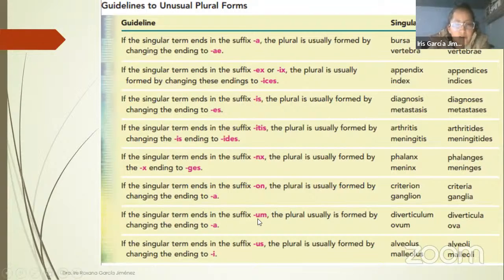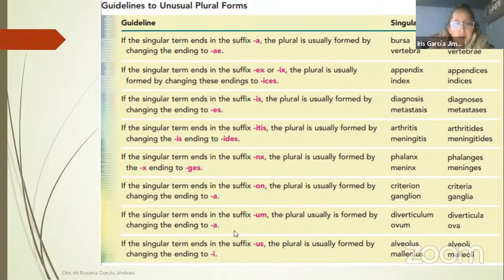If the singular term ends in the suffix um, the plural usually is formed by changing the ending to an a. For example, diverticulum to diverticula, ovum to ova. Okay. Check all the examples, practice with them, and then it could be easier for you to understand these unusual plurals. It's the same as in English. These words are different and we have to consider.